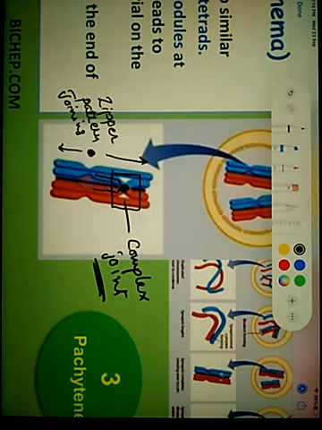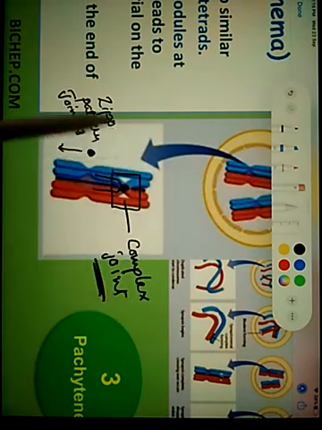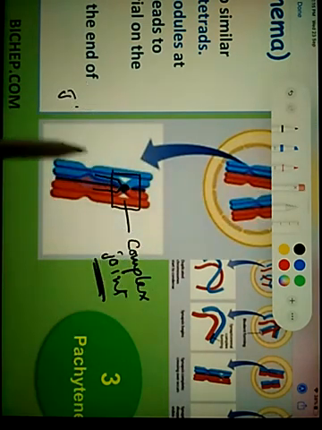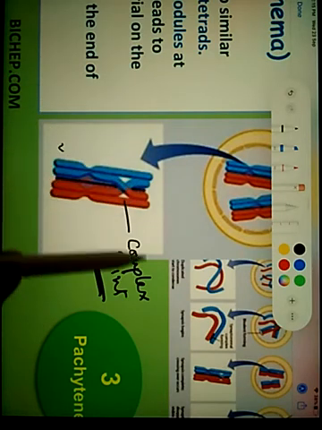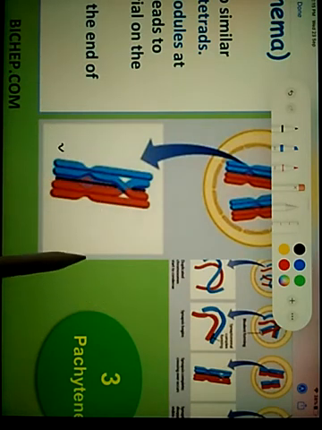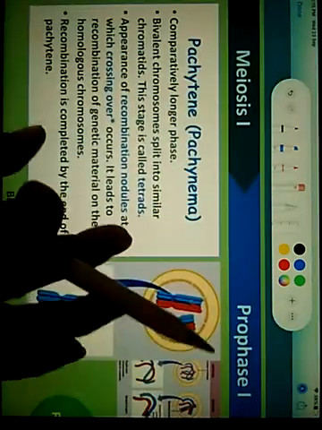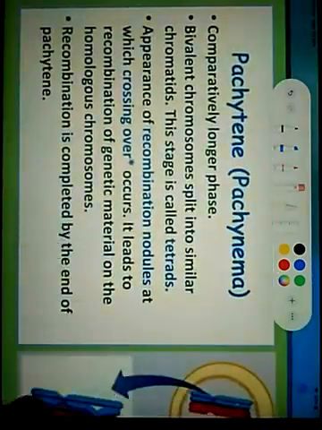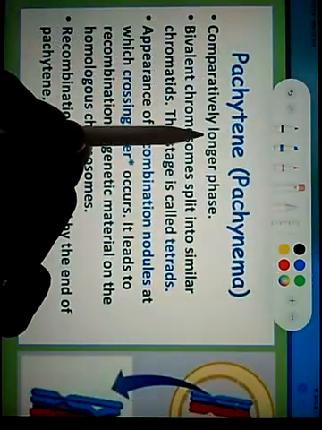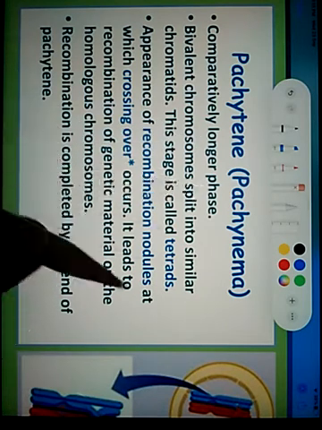So it has to get settled very nicely for its proper joining, and that is how the entire structure is made. So comparatively it is the longest phase.